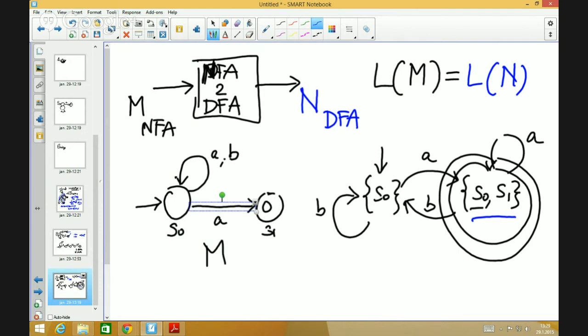This is not the same, in general, as this. And actually, if you had two states like this, then you would have to decide, where do I go from S0 if I read an A?